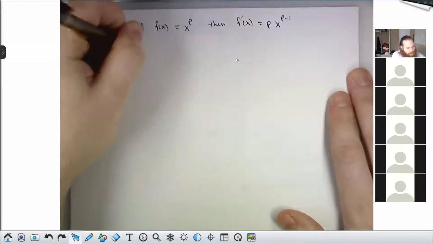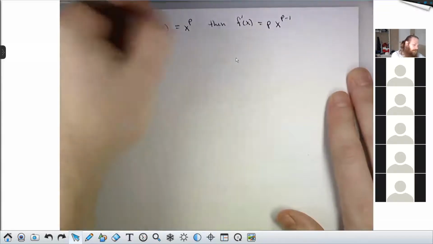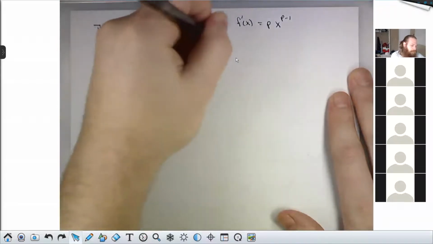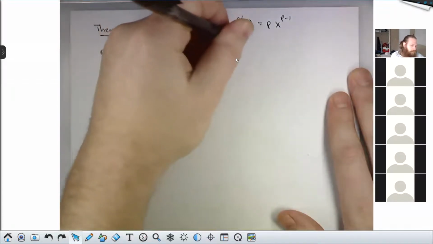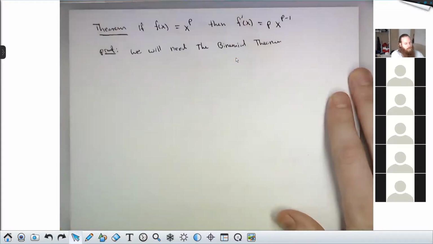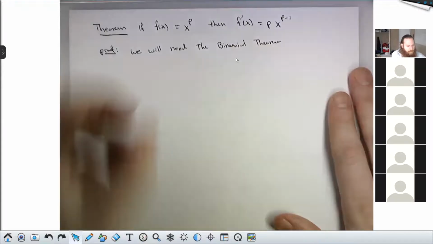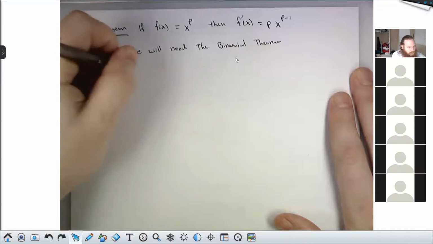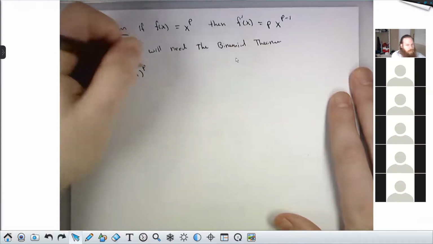We will need the binomial theorem. What the binomial theorem says is how you can expand a quantity like this, x plus h all raised to the p.